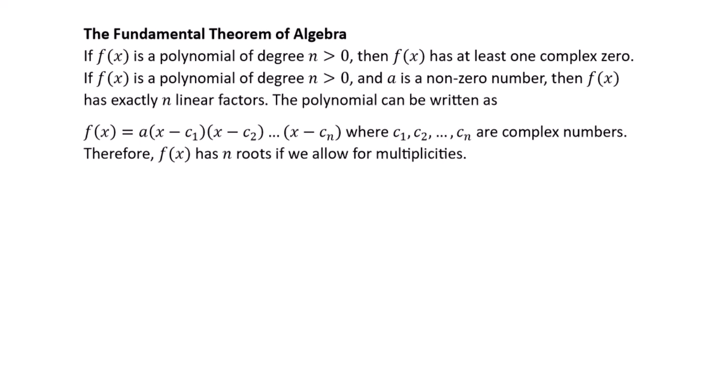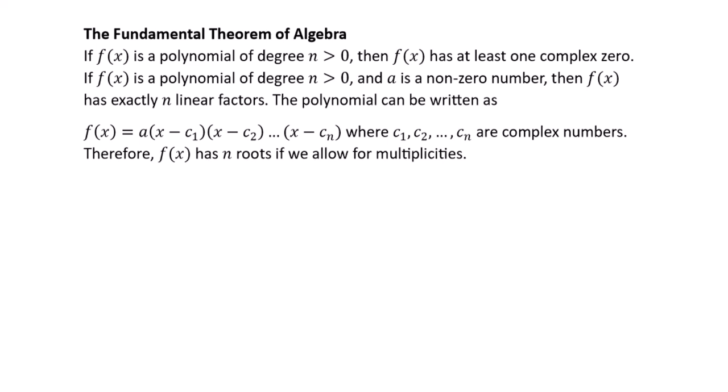If f of x is a polynomial of degree n greater than 0 and a is a non-zero number, then f of x has exactly n linear factors, and the polynomial can be written as f of x equals a times x minus c sub 1 times x minus c sub 2 ... x minus c sub n, where c sub 1, c sub 2, c sub n are complex numbers. Therefore, f of x has n roots if we allow for multiplicities.